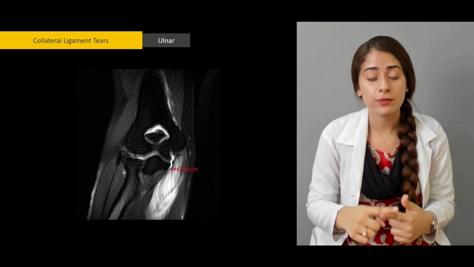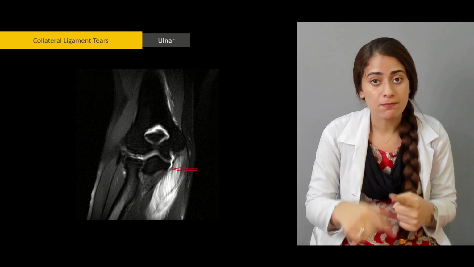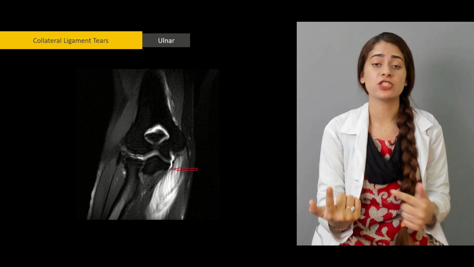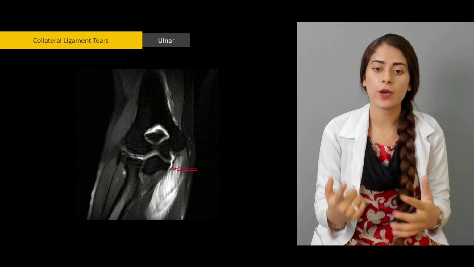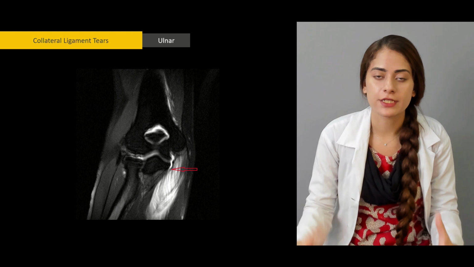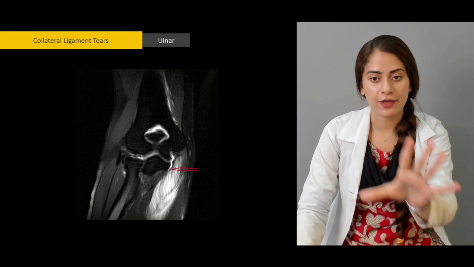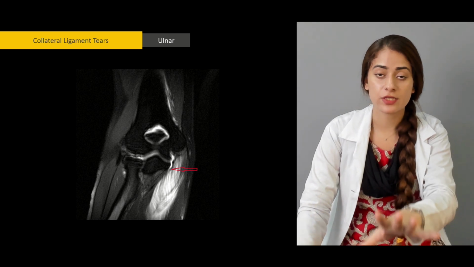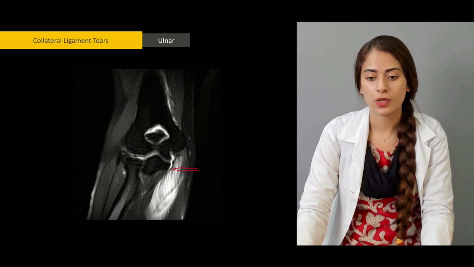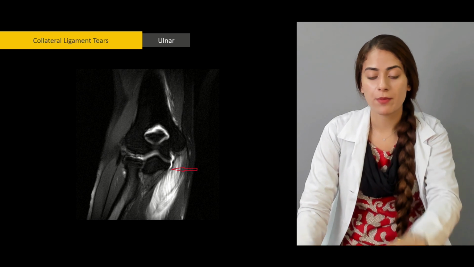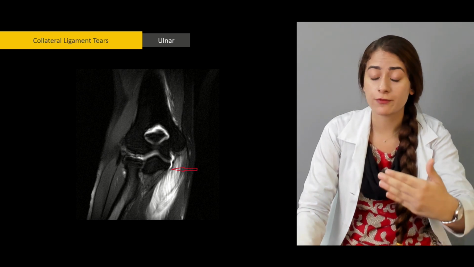The tear can be acute, but it can be missed, due to which there are many degenerative changes. That is why we call it a chronic condition. So this is a little bit about the ulnar collateral ligament. Again, this is a STIR image of the MRI, again a coronal or frontal view.